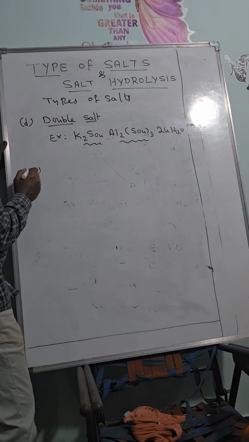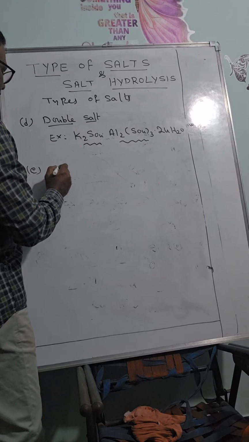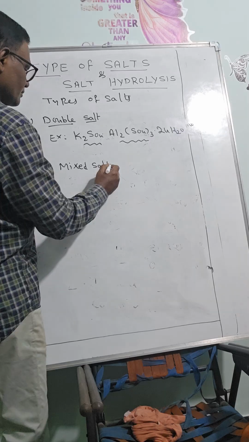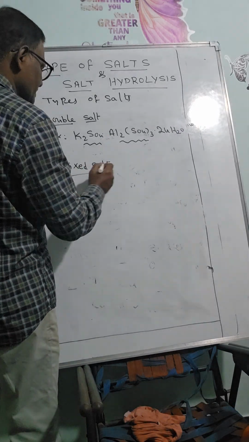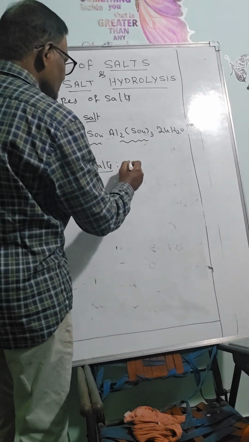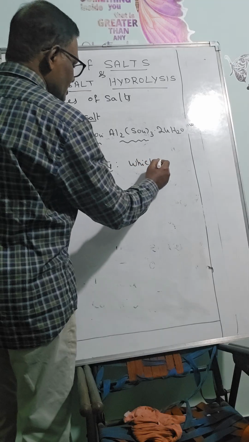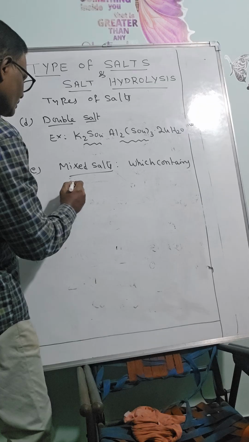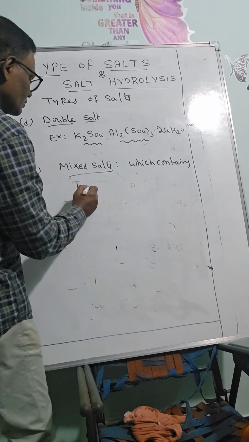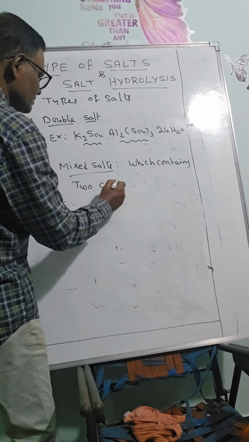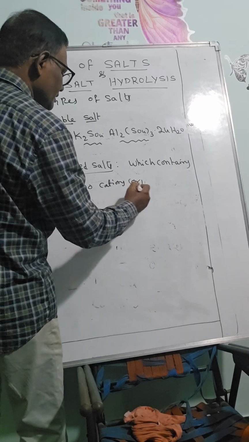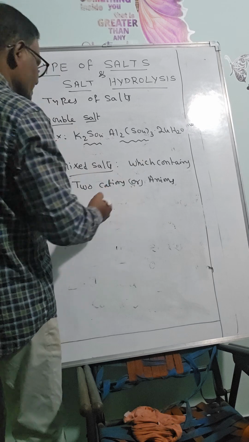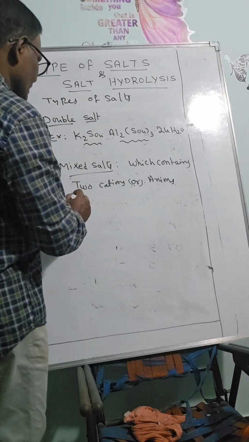One more type, children, mixed salts. Mixed salts means salts which contain two cations or two anions.